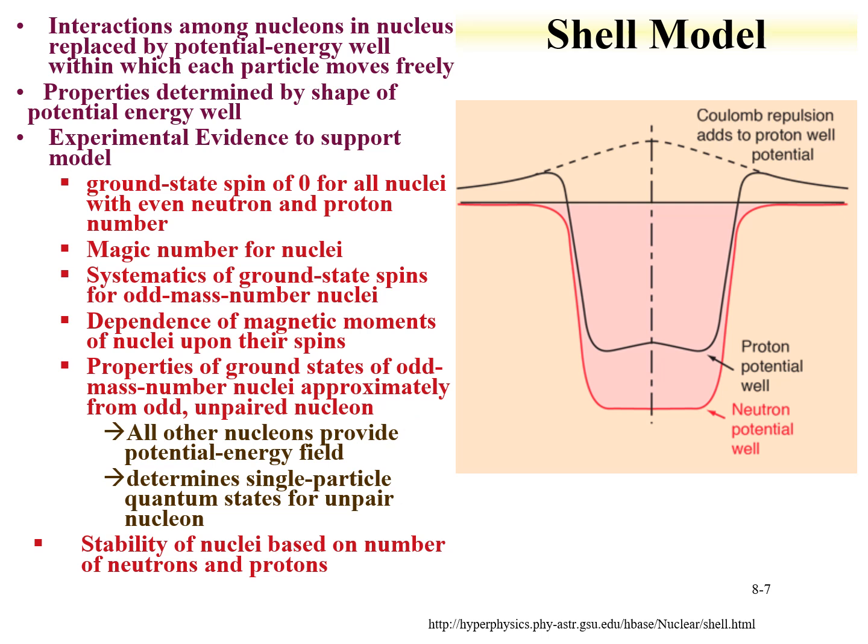So it's as if I have an odd A nuclei, all the nucleons are paired except for one, and that one unpaired single particle provides the properties for the nucleus. That's fundamentally one of the bases of the shell model. One of the other things with the shell model that can be derived is stability of nuclei based upon the number of neutrons and protons.